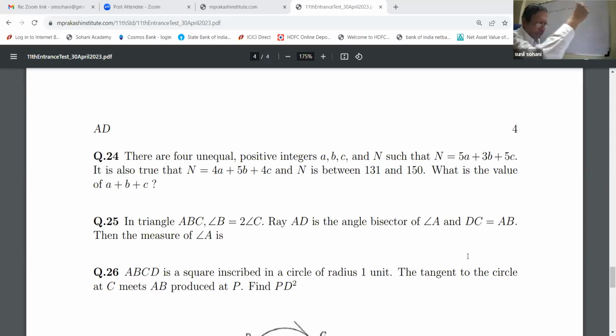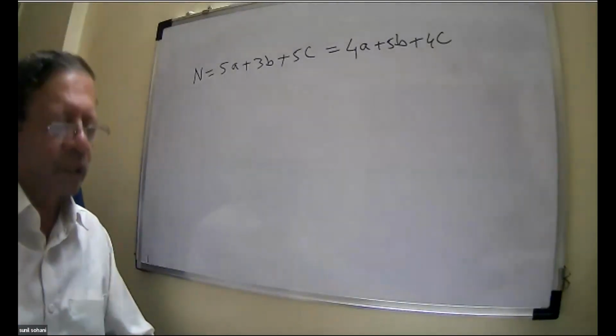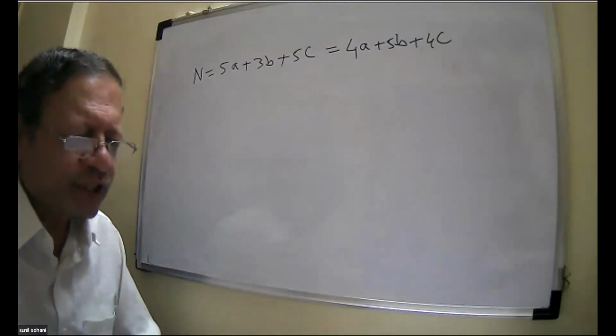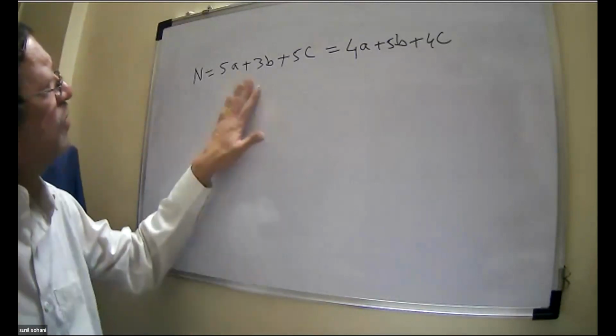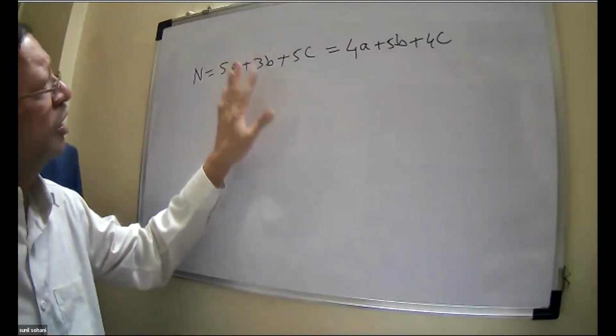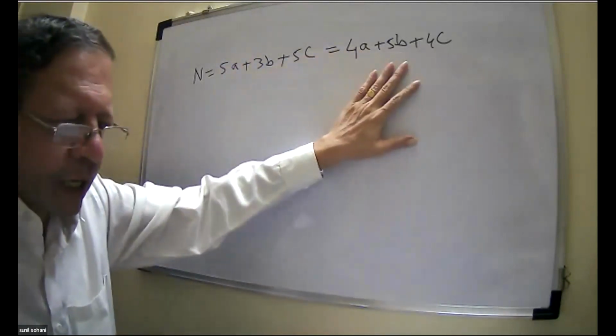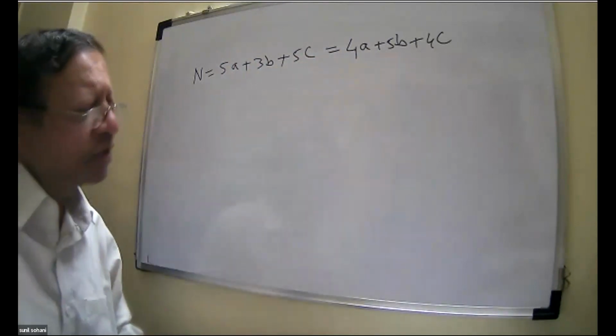Okay. So these two expressions can be made equal, because n is sharing this value, result of this as well as result of this. And the question is demanding what is a plus b plus c.